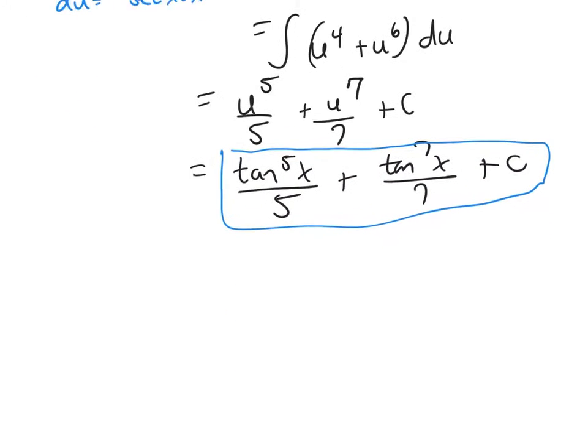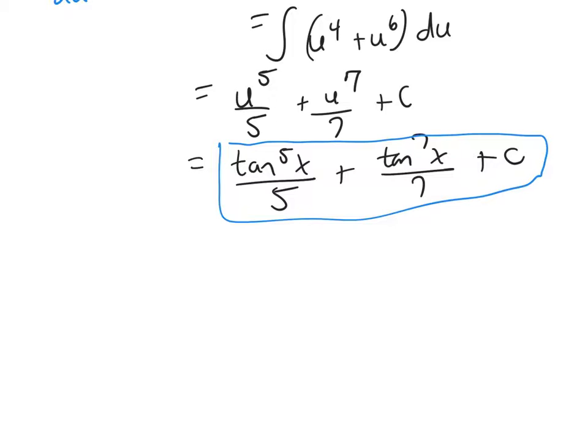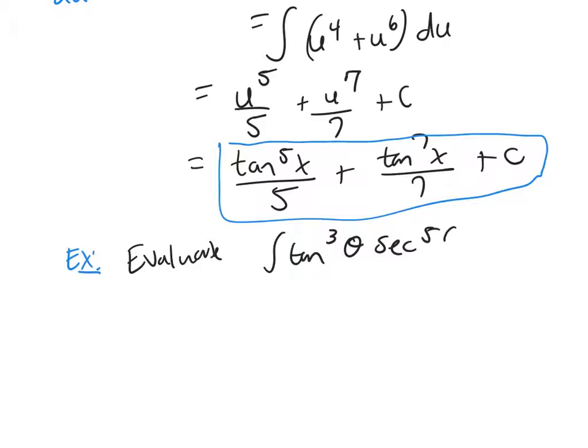So let's look at another example with tangents and secants in it. Let's evaluate the integral of tangent cubed theta secant to the 5th theta. So now my power of secant is not even, but my power of tangent is odd.